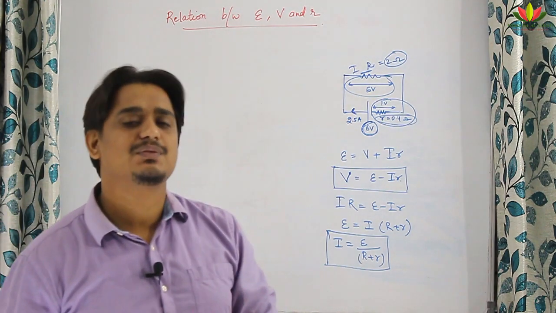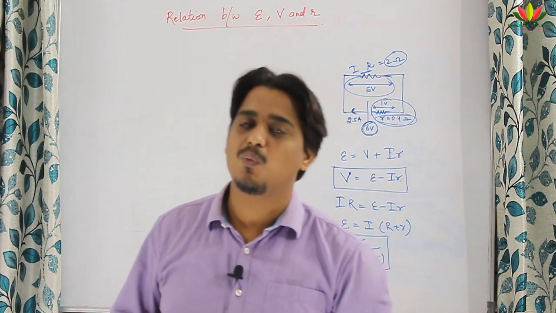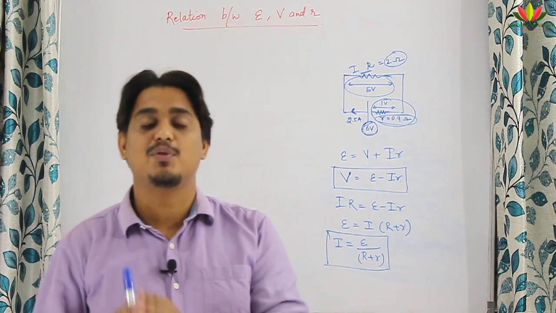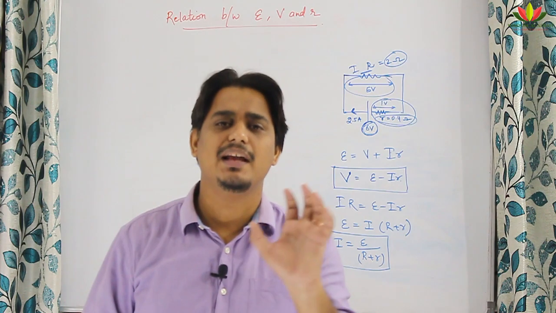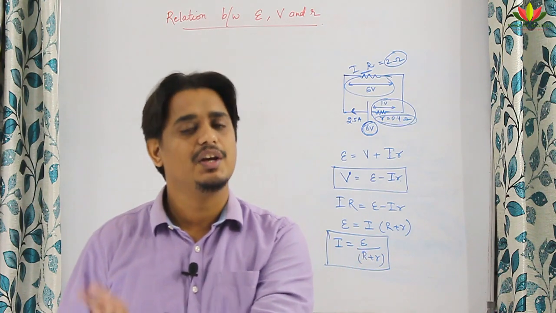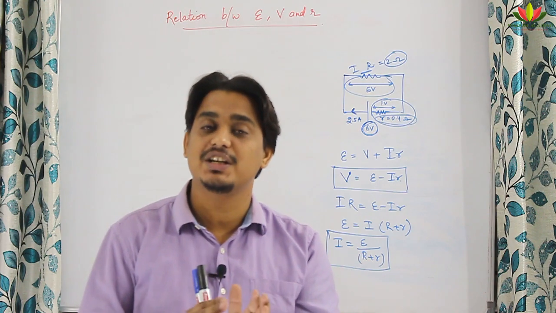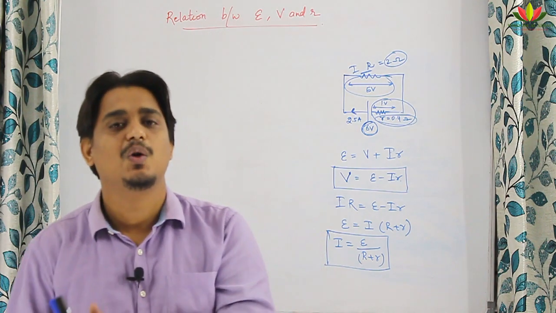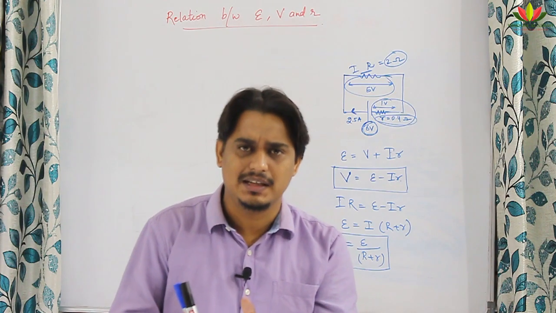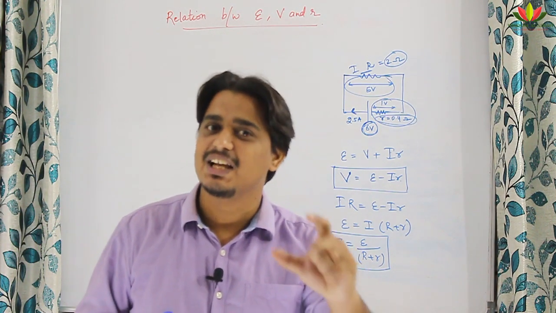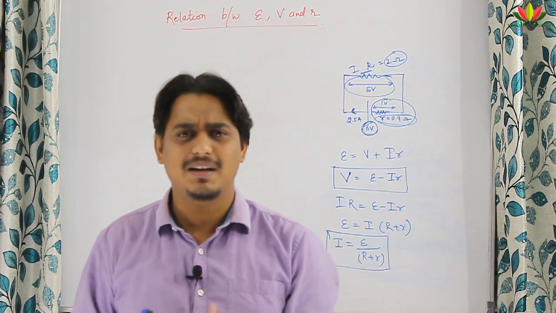So, in today's class what we have seen? We have seen what a cell is. I have told you what the cell is made up of. I have told you the basic difference between electromotive force and terminal voltage, where I said electromotive force is the potential difference across the terminals when the circuit is open, that is when the current is not drawn from it, and that is what is written on the cell you buy from the market also.